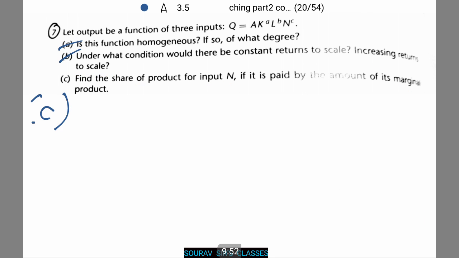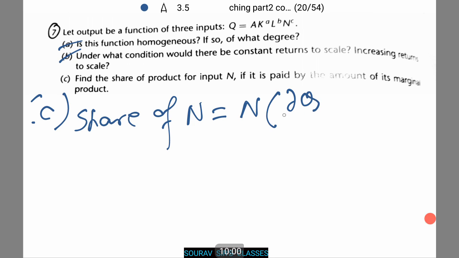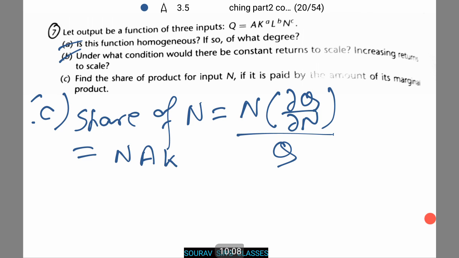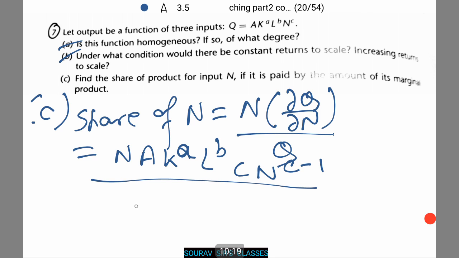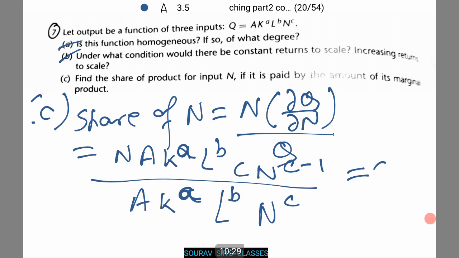Now the share of N can be found out by N times dQ by dN divided by Q, which equals N times A K to the power a L to the power b c N to the power c minus 1, divided by A K to the power a L to the power b and N to the power c, and this comes to c.